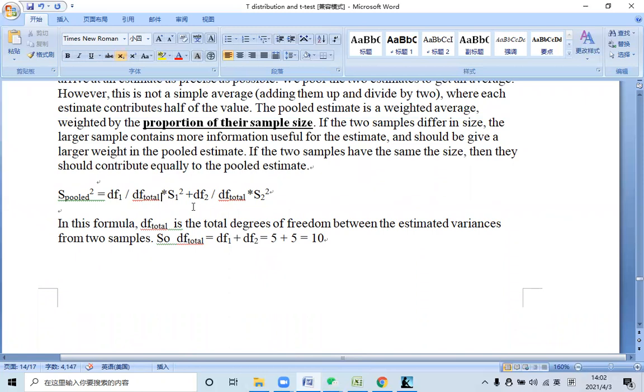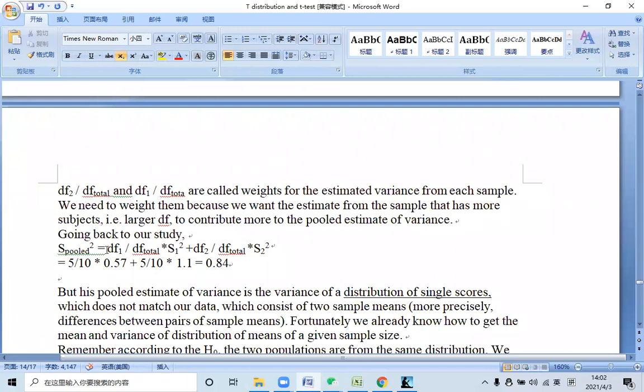And let's see. From sample 1, you have a weight. The weight is based on the degree of freedom, the total degree of freedom. What is the total degree of freedom? Let's look at sample 1.